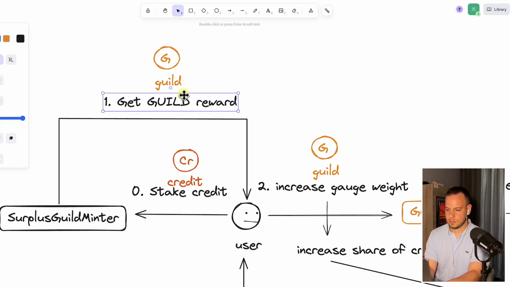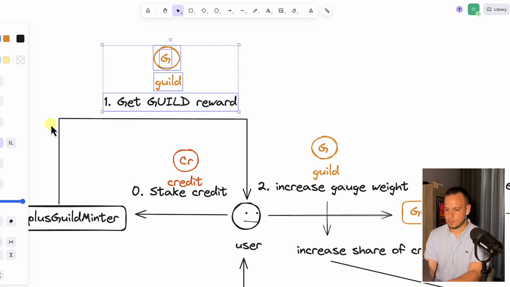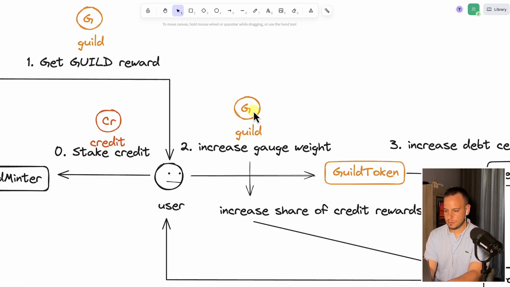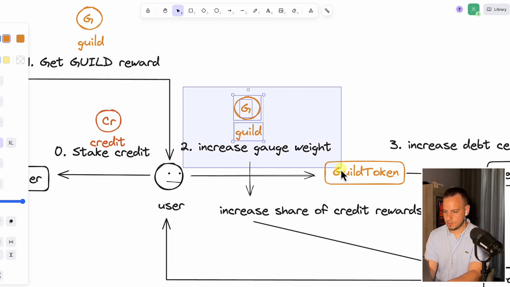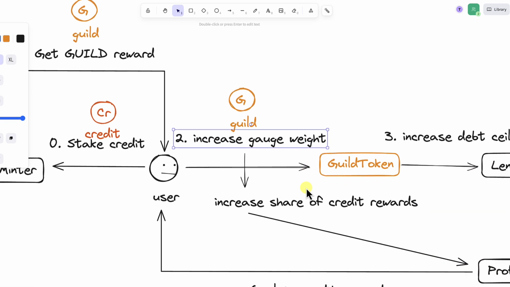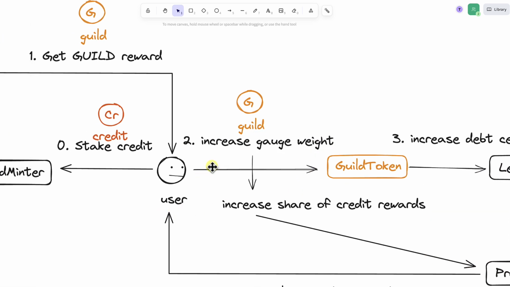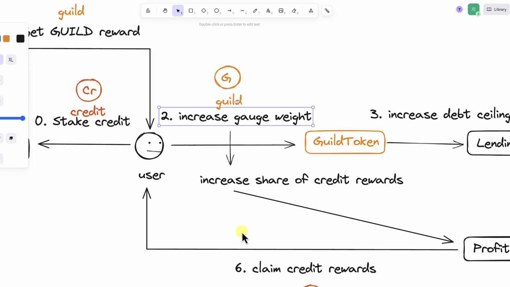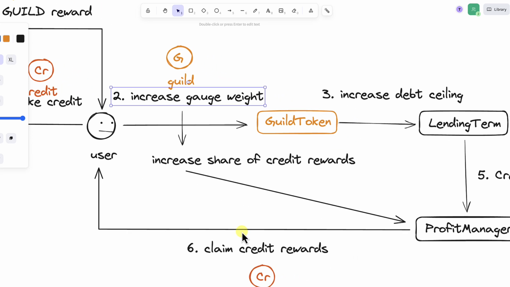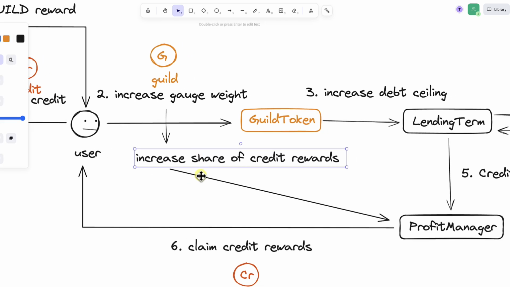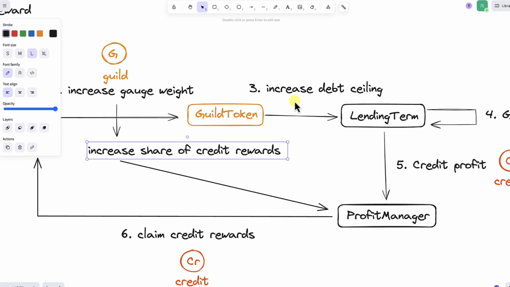So that's step number one. Step number two, increase gauge rate. So once they have guild tokens, they can increase gauge rate. This means they're voting for a lending term to increase the borrowing capacity of a lending term. And this will take them to number three, increase debt ceiling on the lending term.